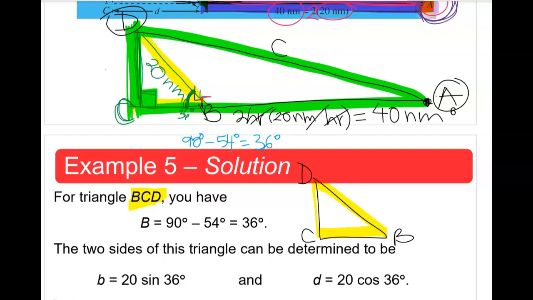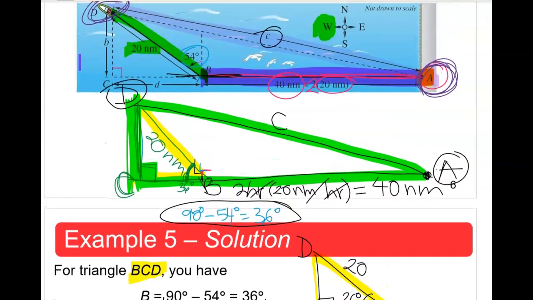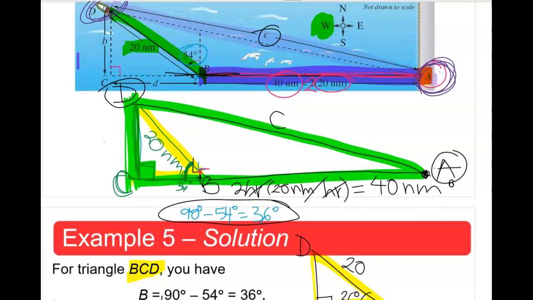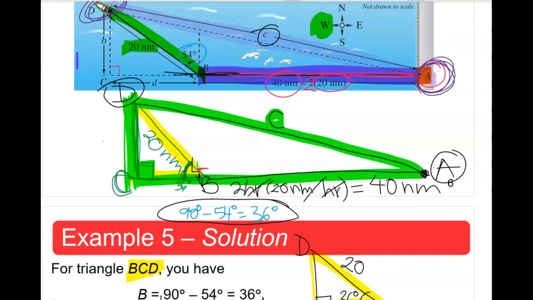Okay. And we know this side is 20. We know this is 90, and this is the one that we found by getting the complement of 54, which came from the bearing. So that one is 36 degrees. Okay. Oh, and it's actually here, how we found that angle, B. So we are trying to find one of the sides that will help us figure out the length of lowercase c, the hypotenuse of the big triangle.